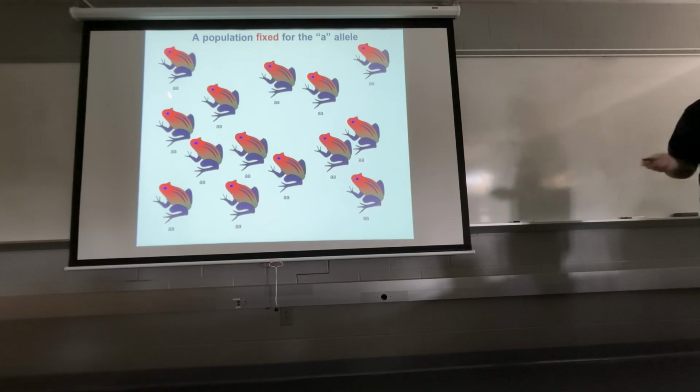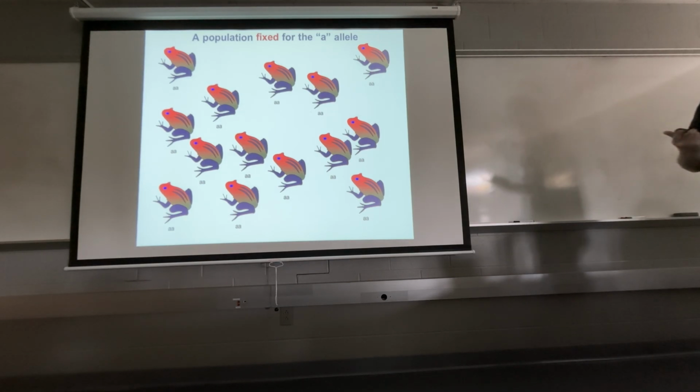Is there a lot of genetic variation in this population? Absolutely not, right? We don't want this to happen. If this happens in a population, a single selection pressure that removes this frog is probably going to remove all the frogs, because there's no genetic variation and no phenotypic variation to withstand selection pressures. But it happens. It happens.